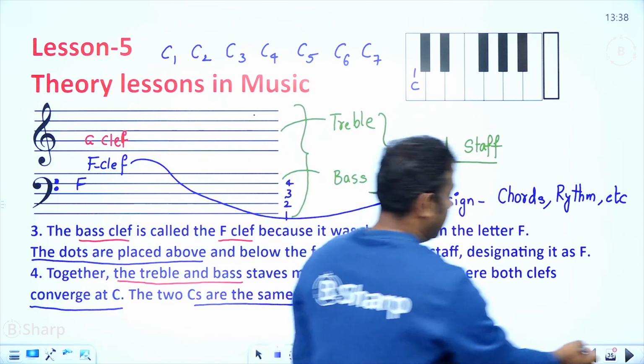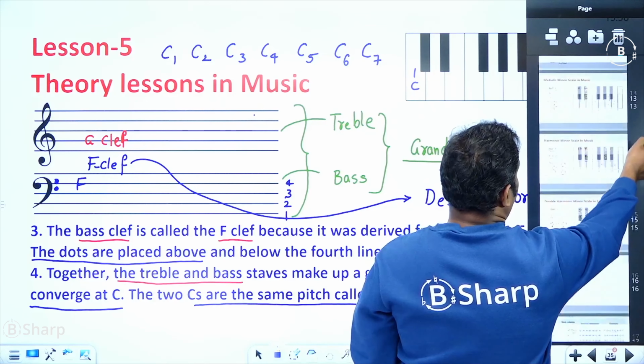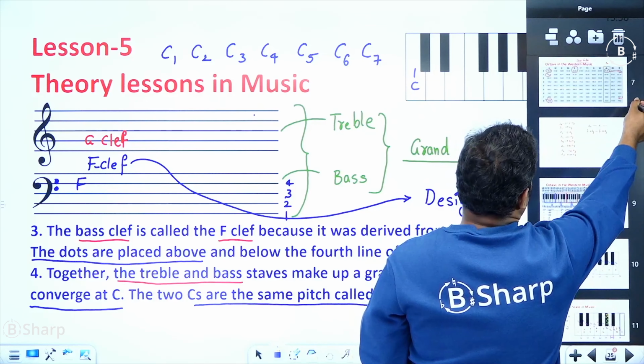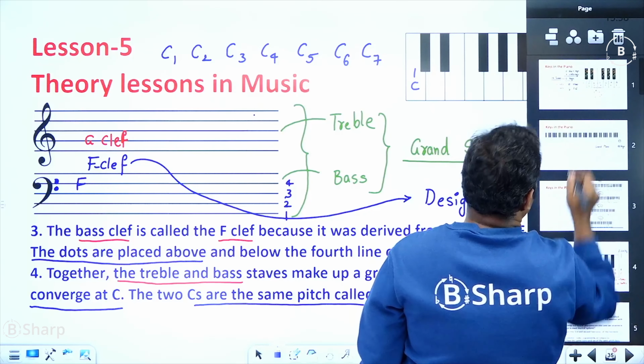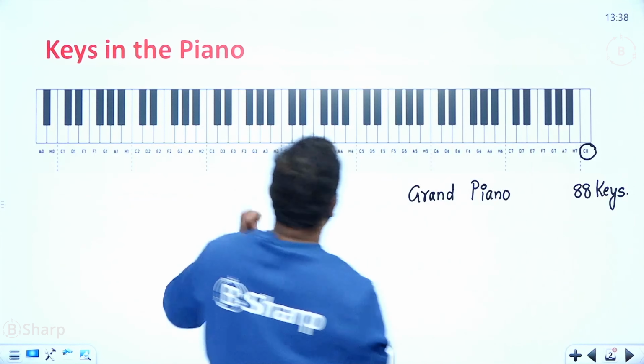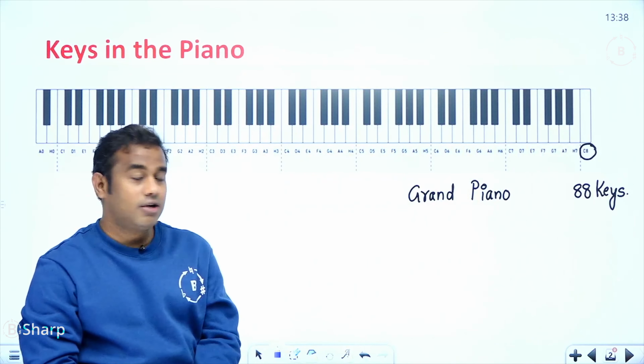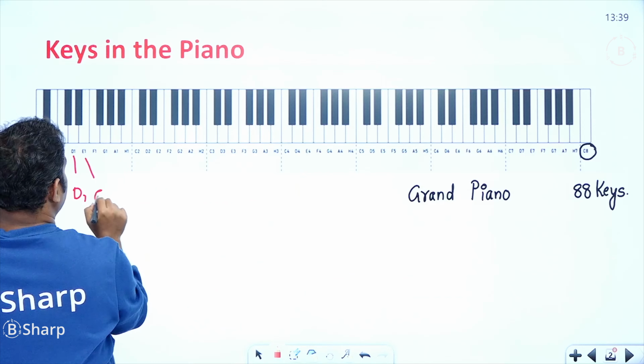Remember in the previous video, if you could recall the topic called keys in the piano, there are so many keys here. This one is called C1, then D1, E1, like this.